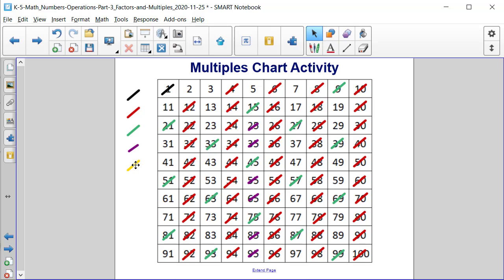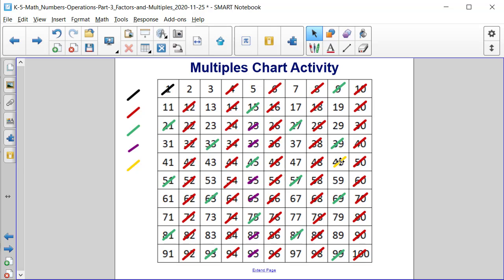So we have 7, then 14, well, it has to be greater than 7, so we leave 7 open. 14 is already crossed out, 21 is already crossed out, 28 is crossed out, 35 is crossed out, 42 is crossed out, 49 is not. So let's cross out 49.